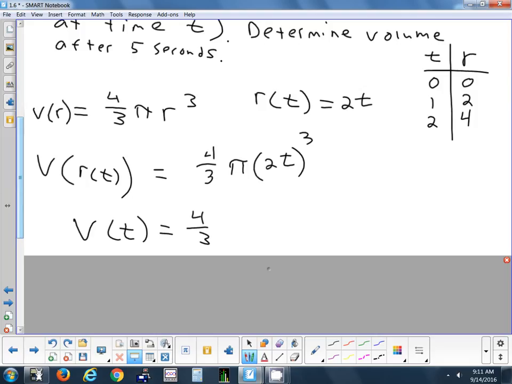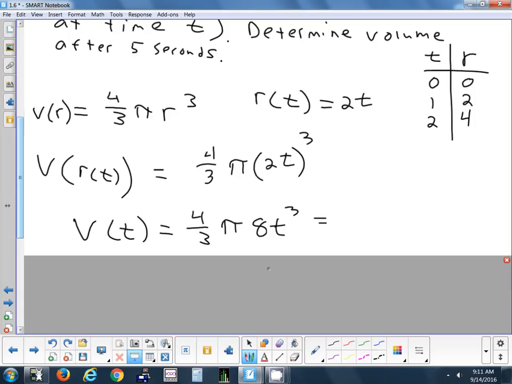What's 2t cubed simplify to? So you cube the 2. 8. Cube the t. T cubed.